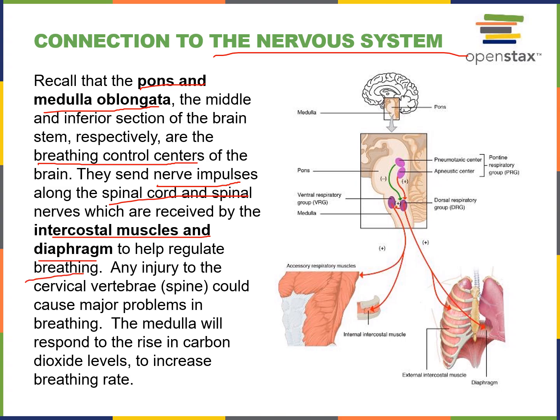But what this means is that if you injure the cervical vertebrae, the spine, that could cause problems for breathing too. The medulla responds to a rise in carbon dioxide levels, and that will help to increase breathing rate because carbon dioxide is toxic to cells. That's why cells, even though they're carrying out cellular respiration and producing ATP and at the same time producing carbon dioxide, need to get rid of it.